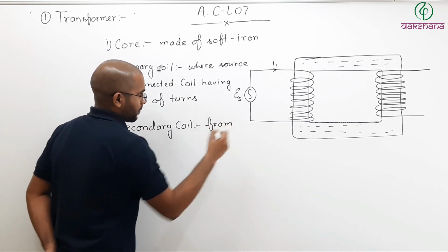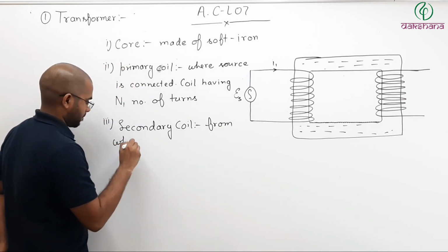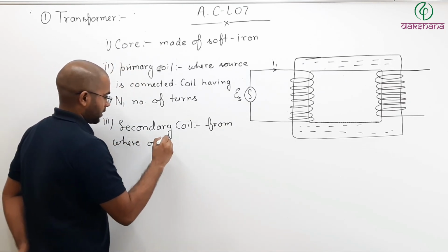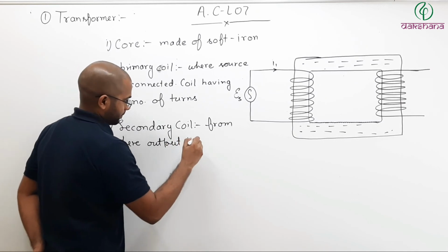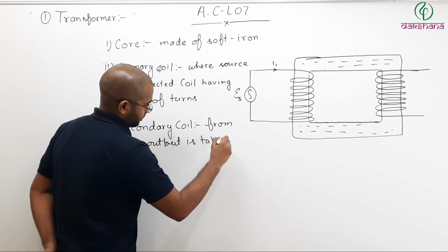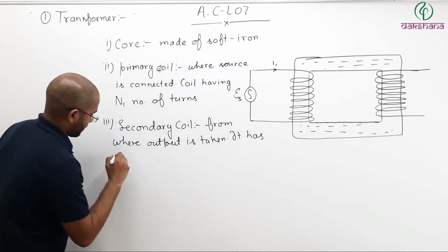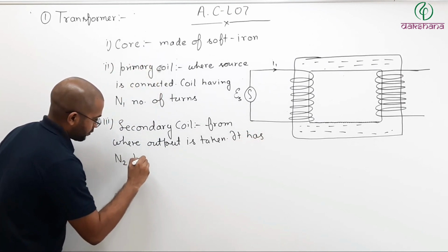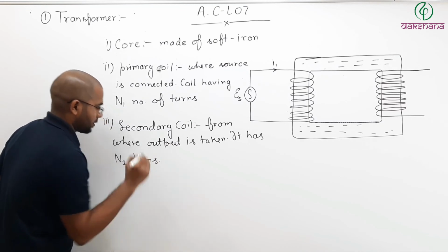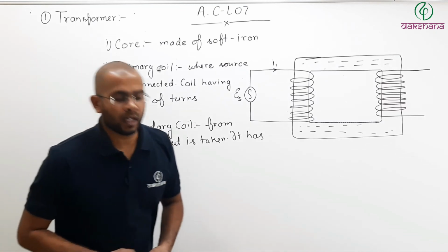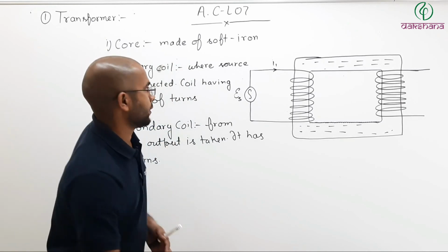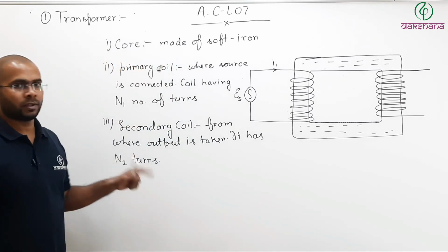It has N2 turns. So the number of turns in the secondary coil is assumed to be N2. Pause the video, note it down, then we will discuss further.